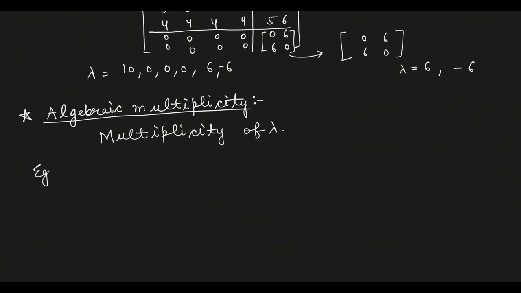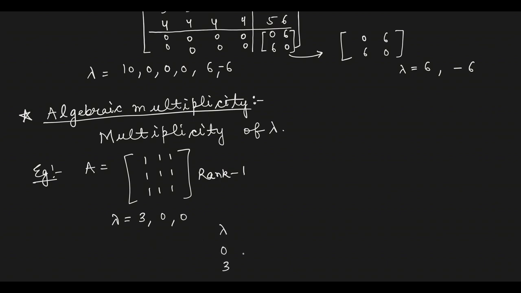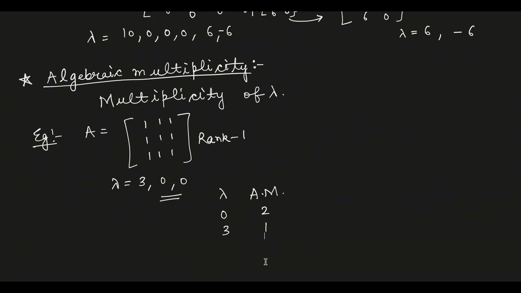For example, if I have a matrix, I have already computed that the eigenvalues are, this is a rank 1 matrix, 3, 0, 0. Now the eigenvalues are 0 and 3. For algebraic multiplicity, how many times is the 0 eigenvalue there? 2 times, so its AM is 2. 3 is there only 1 time, so its AM is 1. Okay.